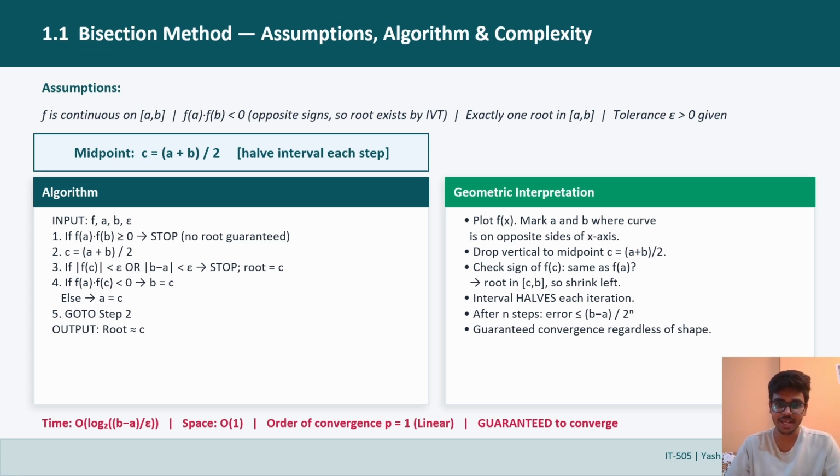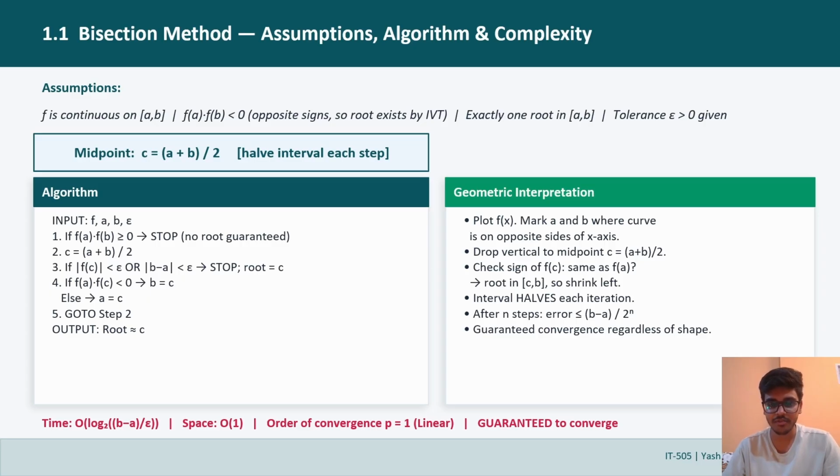The algorithm works like this. First, check that f(a) and f(b) have opposite signs. If not, stop, because we have no guarantee of a root. Then compute c, the midpoint. If the absolute value of f(c) is smaller than our tolerance epsilon, we stop and report c as the root.